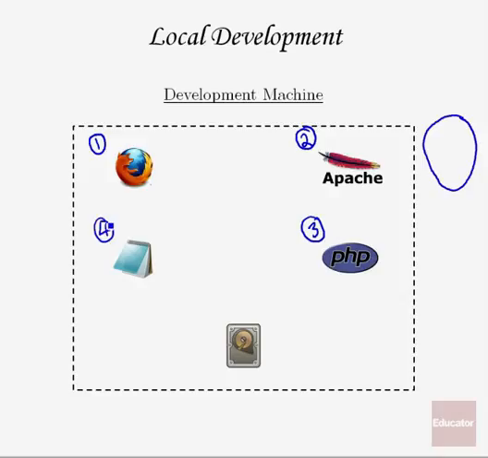So there's a number of benefits to doing this, and a lot of it has to do with increasing your efficiency as a developer, because now when you create a PHP file in your text editor on your local machine, instead of having to FTP it across the internet to Apache, that FTP simply becomes a local save file to your hard drive.